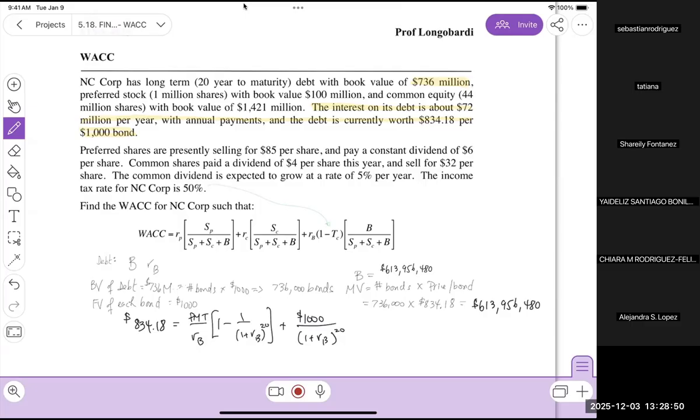Okay, so that's the formula, but we're missing two things, the payment and the RB, the cost of debt, the yield to maturity. So we got to get the payment from the other information given.